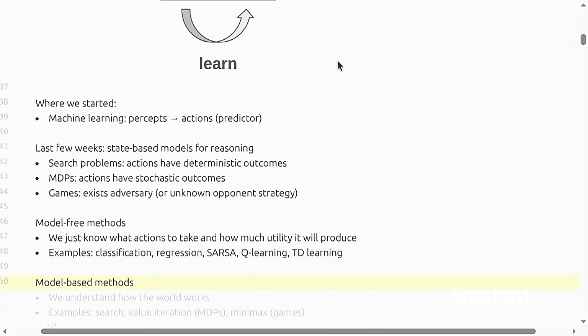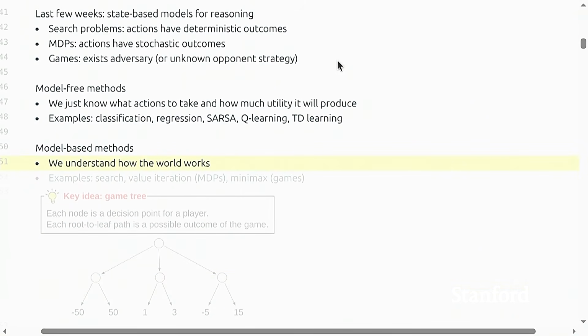We briefly looked at model-based methods as well. The idea of model-based methods is that we're not content just to be able to predict the right action. We actually have to understand how the world works. When we did search or value iteration or minimax, these are model-based in the sense that we have a model of the world.